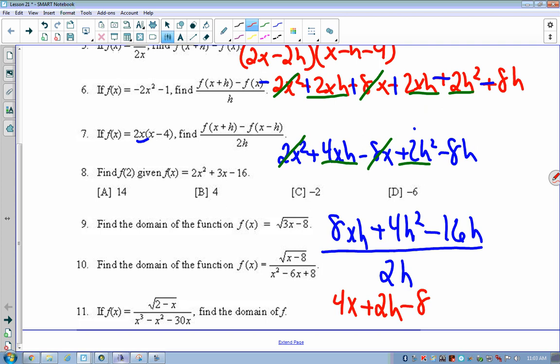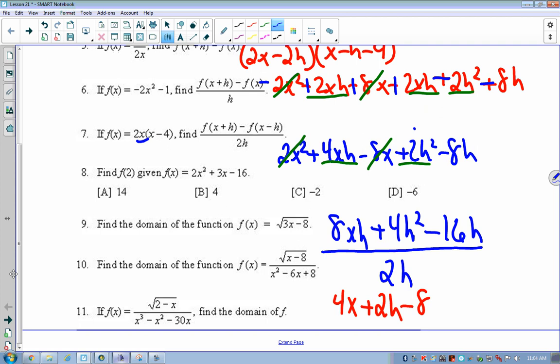I think I missed somewhere, what did I miss? That h squared shouldn't end up being there. It should have canceled out. Did I miss? The top one is a negative 2h. The red one? Oh, right here, that's a negative, right?